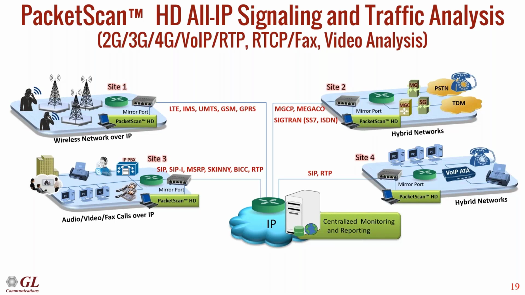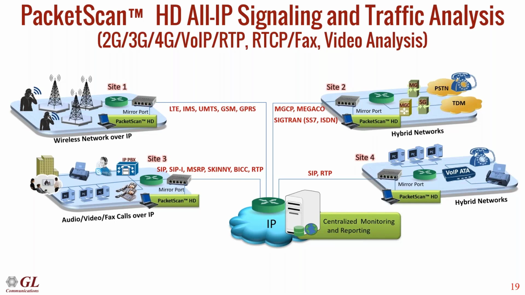It can also do voice over IP type networks, so it can decode SIP and RTP, SIP-I and Skinny and all these other different types of protocols. And it can do conventional protocols as legacy protocols as well, so like SIGTRAN, SS7, ISDN, and so forth. So PacketScan can do a lot of analysis on a lot of different protocols.